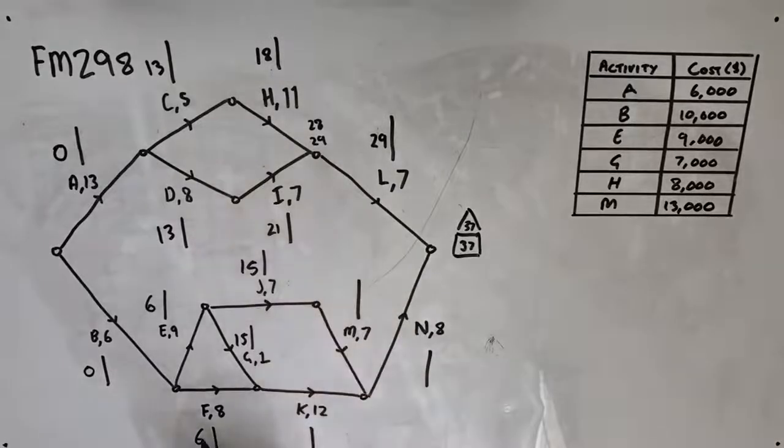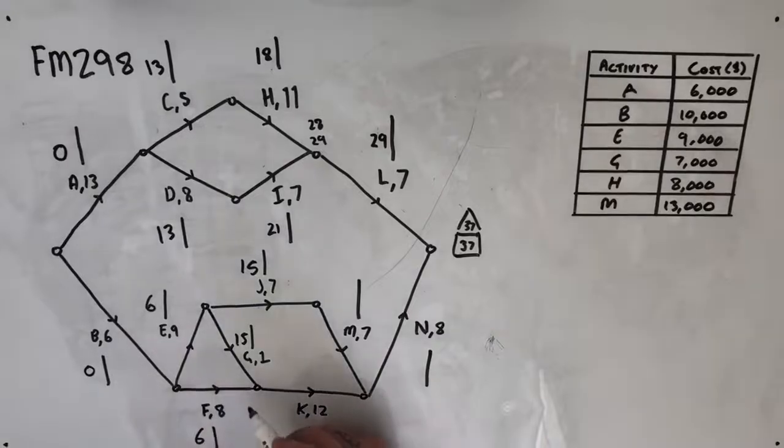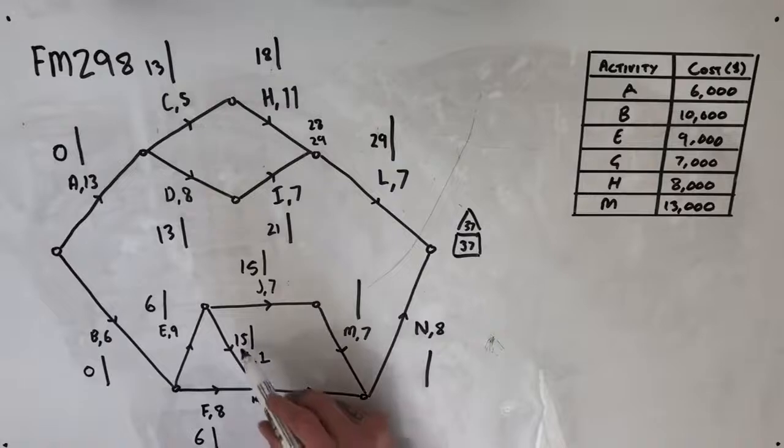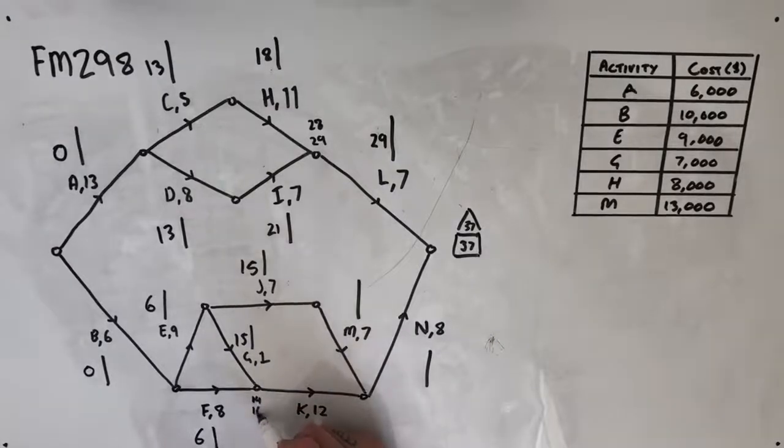From here, we're going to compare for the earliest starting time of K. We're either looking at earliest starting time of 6 and activity F having 8 days of duration, so either an earliest starting time of 14 weeks, or we're looking at G here, which will be complete by week 16.